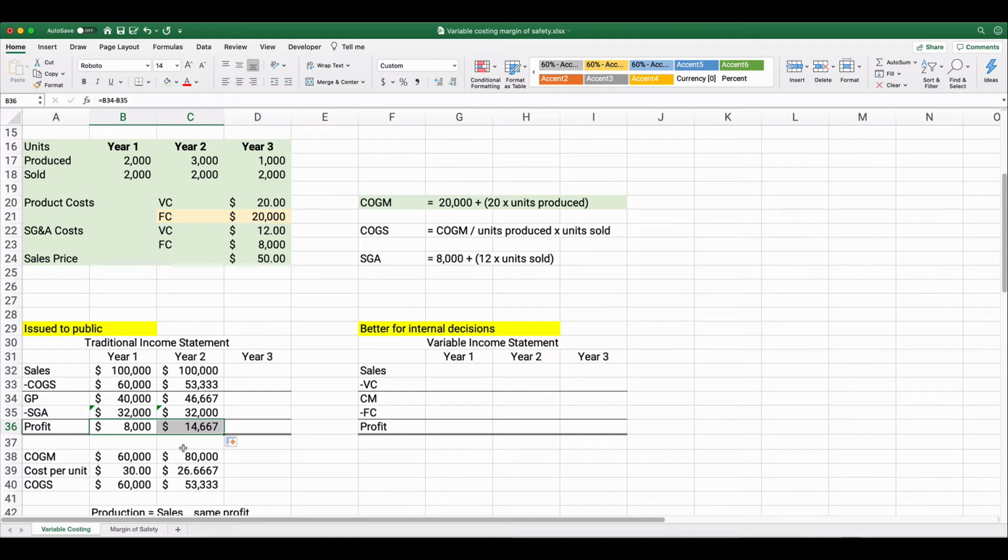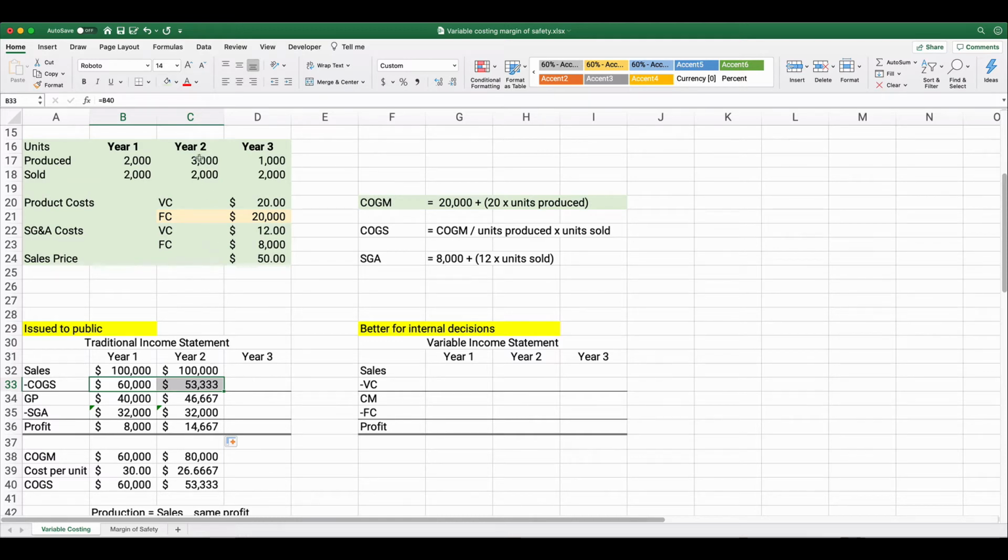So this is kind of weird what happens with the traditional income statement, the full costing, that it says, hey, if you produce more items, the cost per unit goes down, and therefore our cost of goods sold goes down as well. So we reduced our cost of goods sold from 60,000 down to 53,333. So we generated an extra 6,667 in profit just because we produce more.